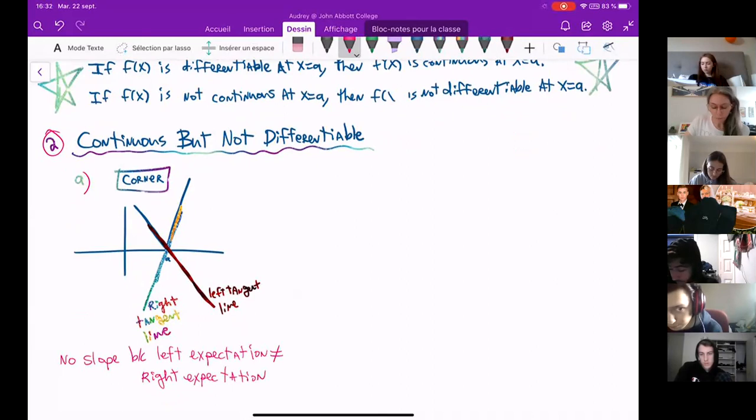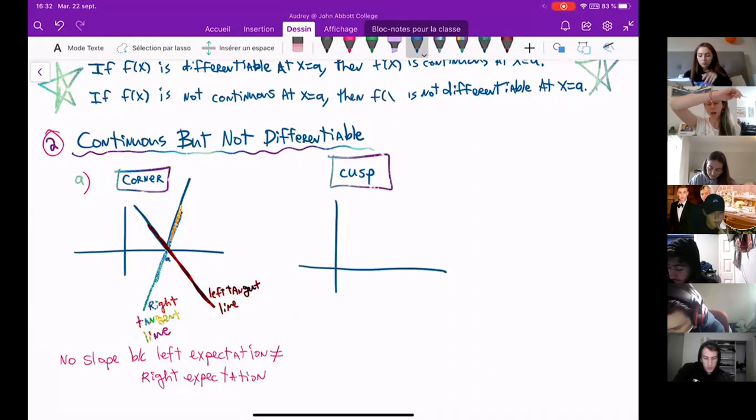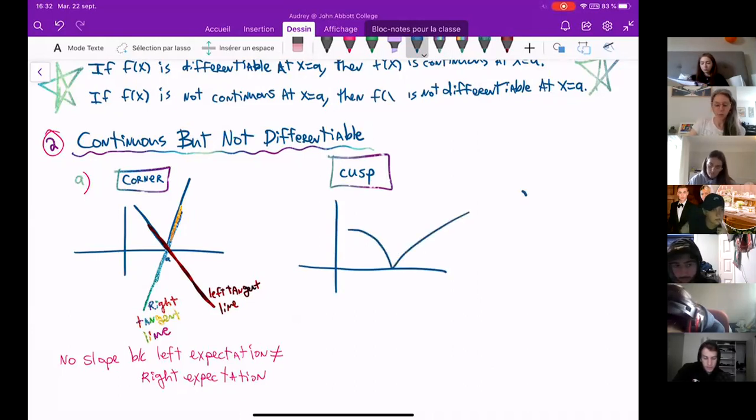So this same issue could show up in another way called a cusp. And cusps and corners are pretty much the same thing. They just have a little itsy bitsy difference. A corner is when it's like boom, boom. A cusp is when it kind of slowly moves into the point and then jumps out. So a cusp could look something like that, where you actually have curve instead of just a straight line going in.